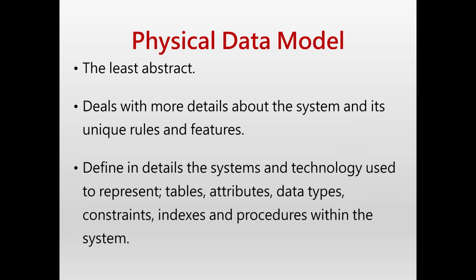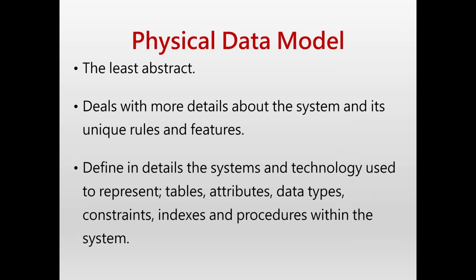After that, I will take the logical data model with more details. I know more details about the system, go deeper inside the system, and start to define, okay, so now I have these tables, these relationships, and these attributes. What are the constraints related to the attributes? For example, I have an attribute or a field that shouldn't be repeated, should have unique values.